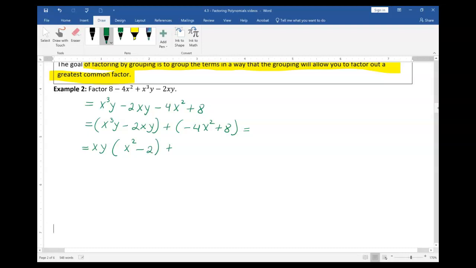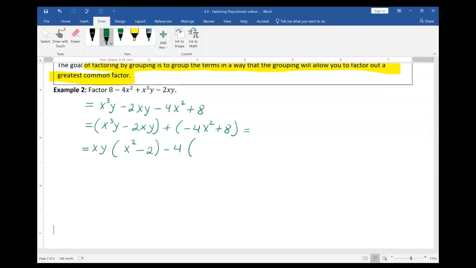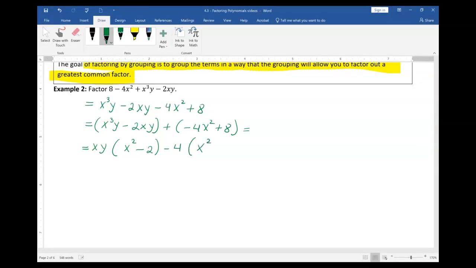Plus, what's the GCF between negative 4x squared and 8? We can work with negative 4. So negative 4. Let's factor. Negative 4x squared divided by negative 4 is x squared. 8 divided by negative 4 is negative 2.